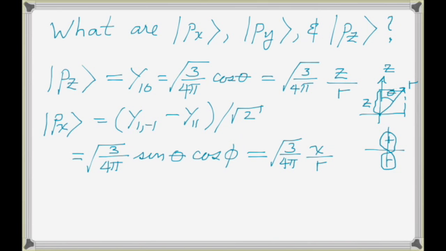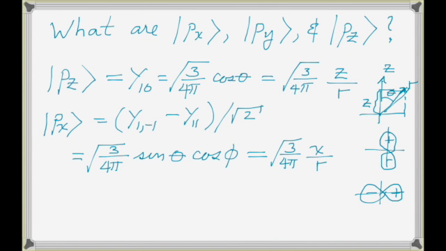It projects that radial line, it projects this vector down to the xy plane, and then cosine phi projects it back to the x-axis, giving you the x component of r. That's just x over r. So this has the symmetry of x. So again, if you plot this along the x-axis, it's positive for positive x, negative for negative x. It just points along the x-axis.